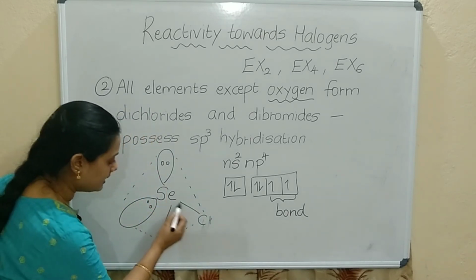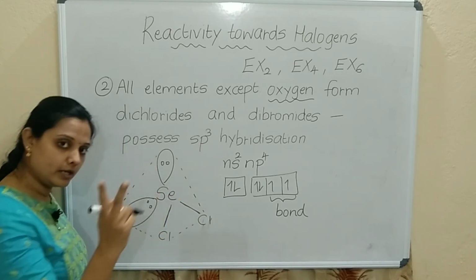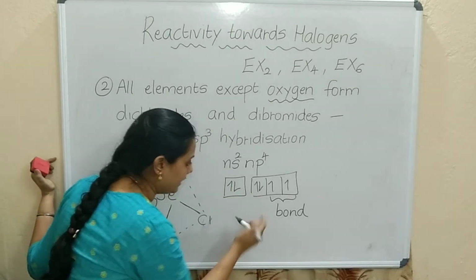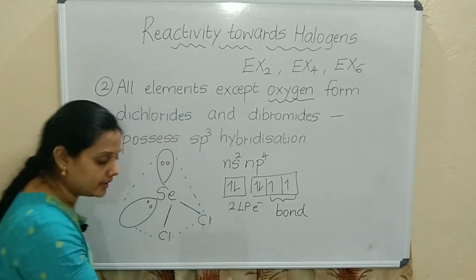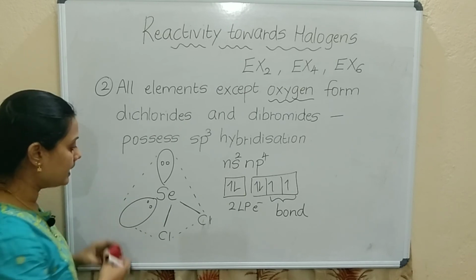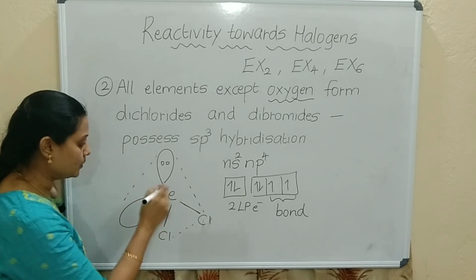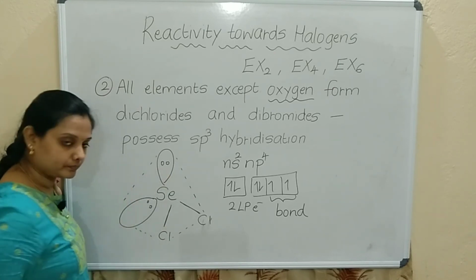How many bonds is selenium forming with chlorine? 1, 2, 2 bonds. How many lone pairs of electrons are there? LP, lone pair. So, 2 lone pairs of electrons are there on the central atom. 1 lobe, 2 lobes.